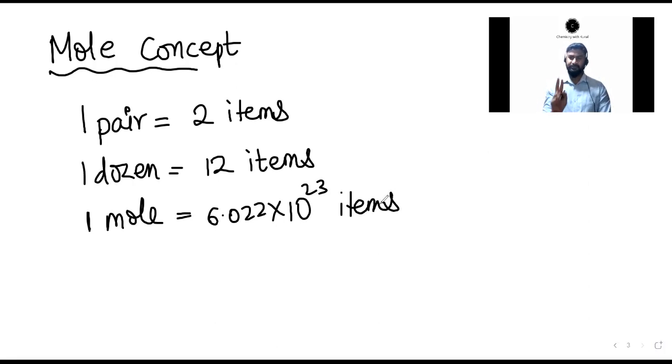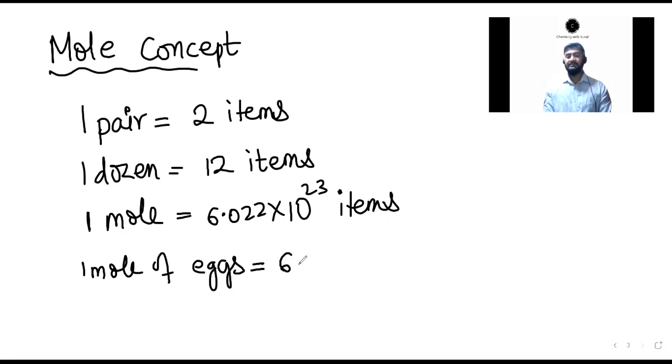So what is 1 pair? 2. What is 1 dozen? 12. What is 1 mole? 6.022 into 10 to the power 23 items. As simple as that. Finished. This is 1 mole. So if someone says 1 mole of eggs, that means we have 6.022 into 10 to the power 23 eggs.